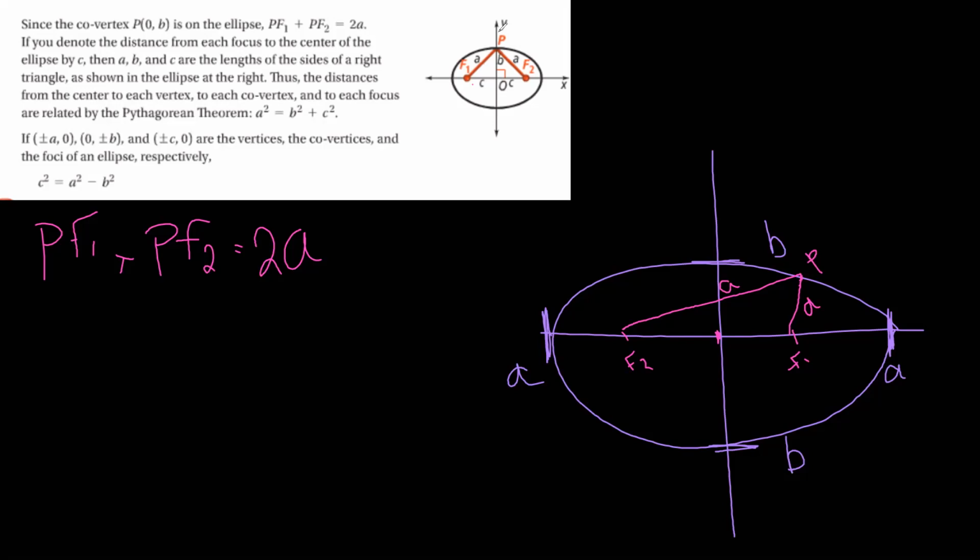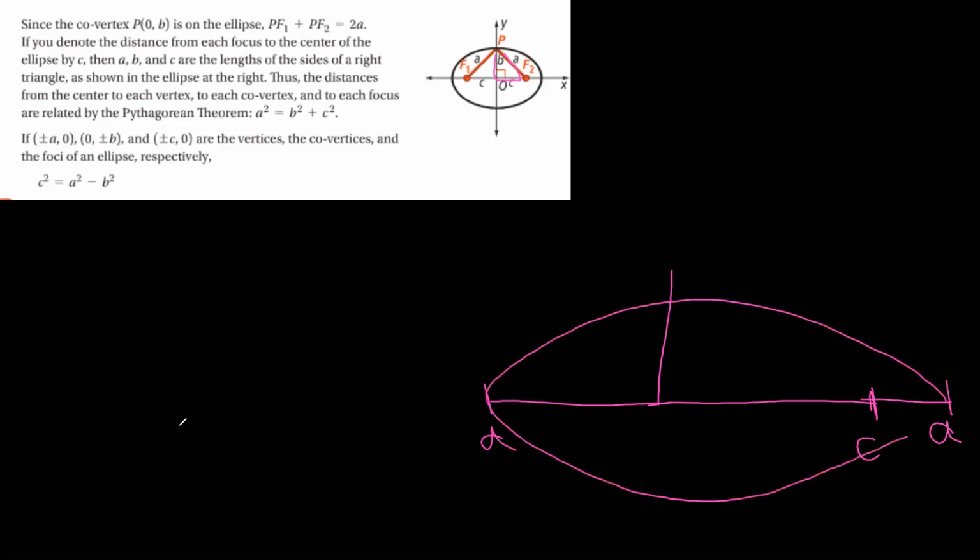Now, if you look at this triangle here, the smallest one. For the smallest one here, this is a point C, this is a point A, this is a point A also. It makes like this ellipse.